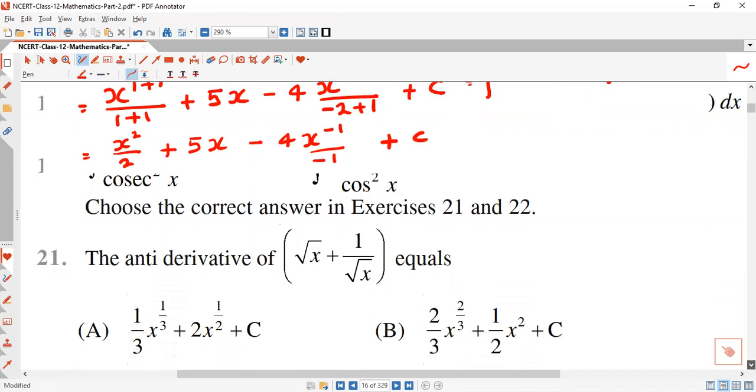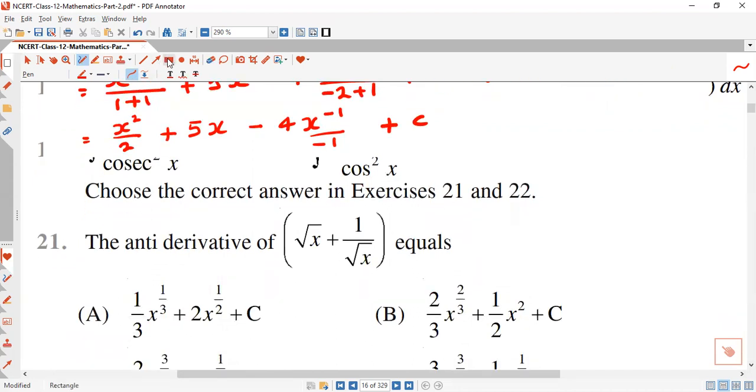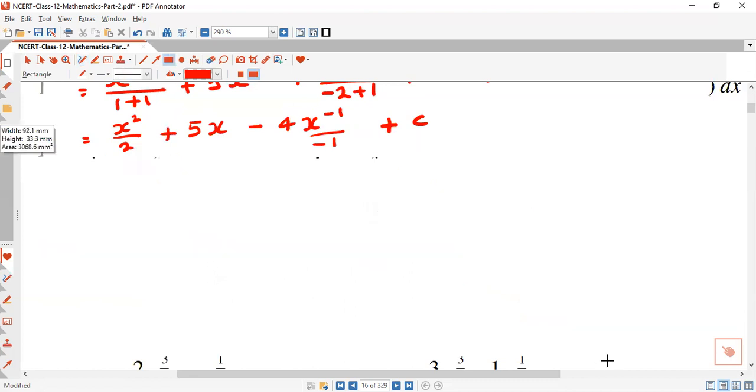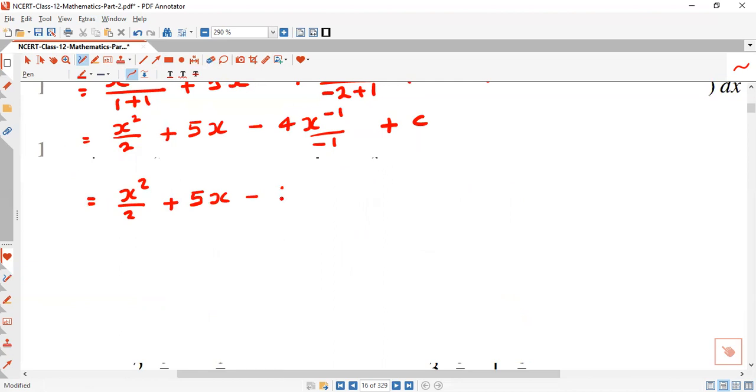Now we want to simplify further. If I write it correctly, x square by 2 plus 5x minus 4.